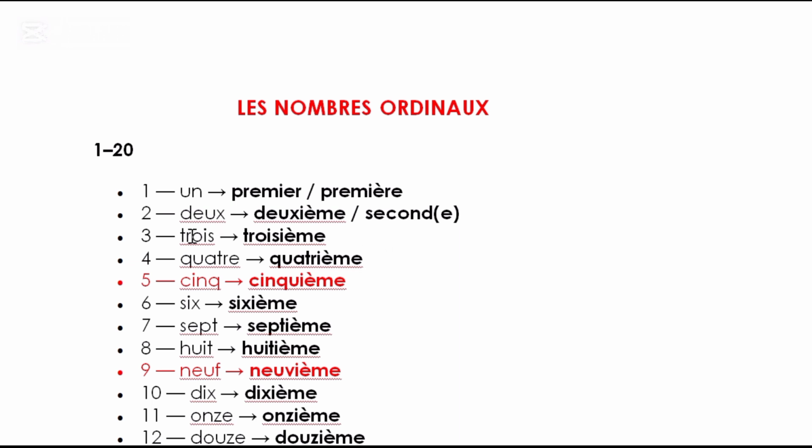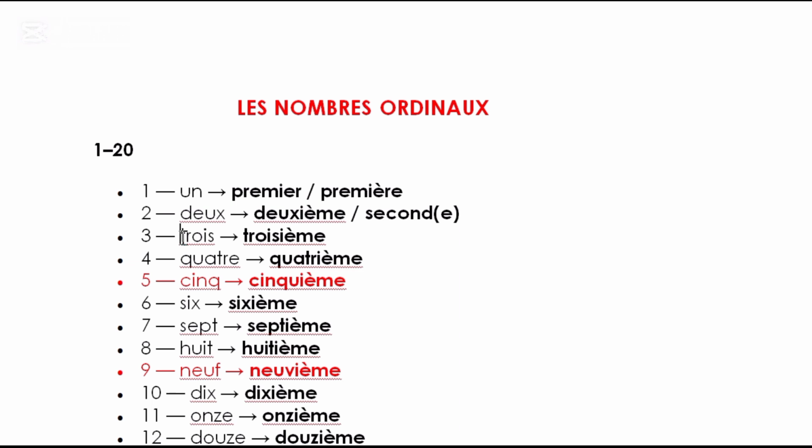What we do is take the cardinal number and add the suffix ième. So deux becomes deuxième.